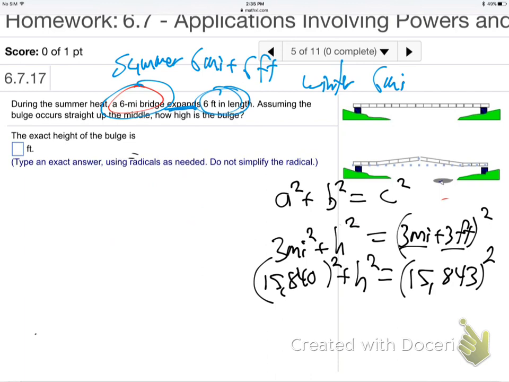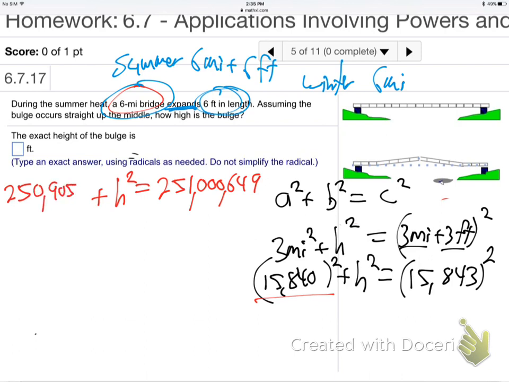Okay, so using your calculator carefully. Can I borrow a calculator? Thank you, Julio. So 15,840 squared, and on the right side, 15,843 squared is 251,649,... and the other side 15,840 squared is 250,905,600.